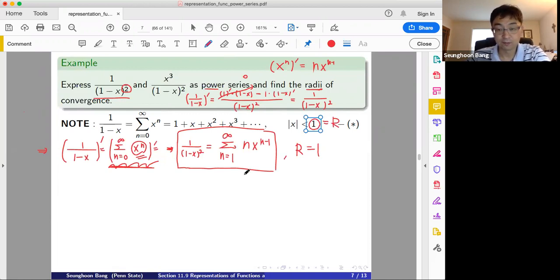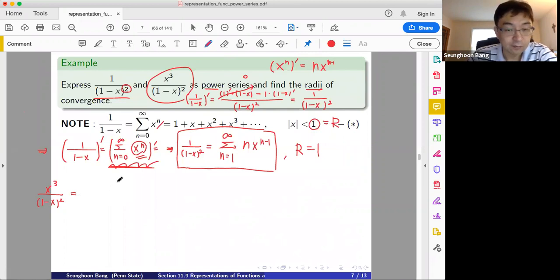Next, how can you find the power series of x cubed over 1 minus x squared? You can use the previous result, right?